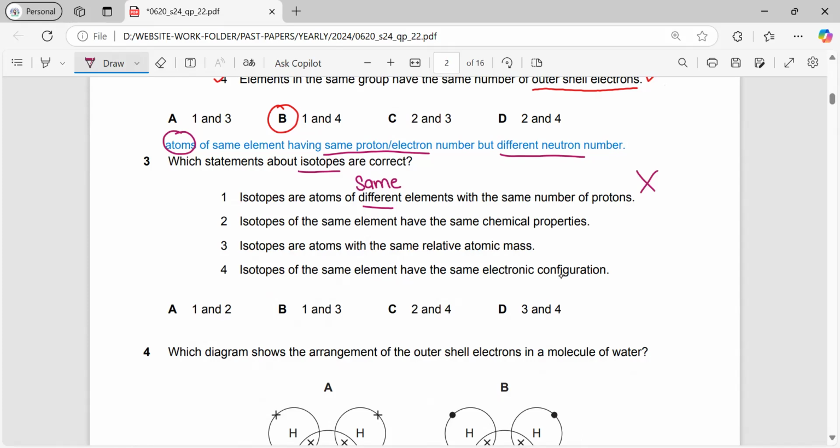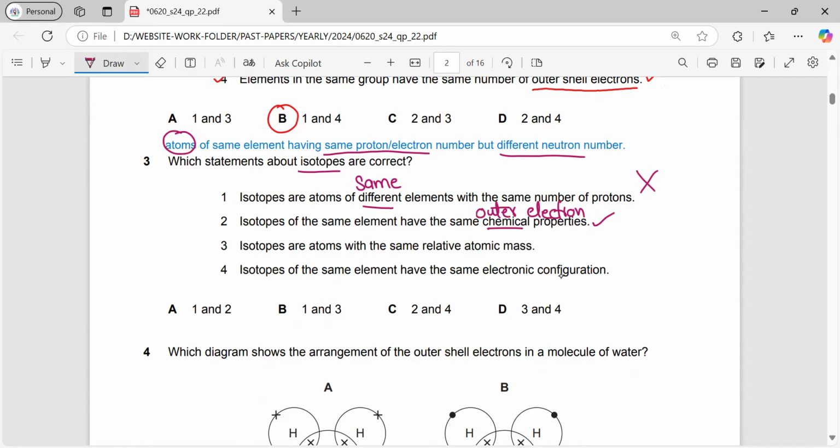Then, isotopes of the same element have the same chemical properties? Yes. As I told you in question number 1, chemical properties depend upon the outer electrons. And in the isotopes, the electron numbers are the same. So if the electrons are the same, their chemical properties will also be the same.